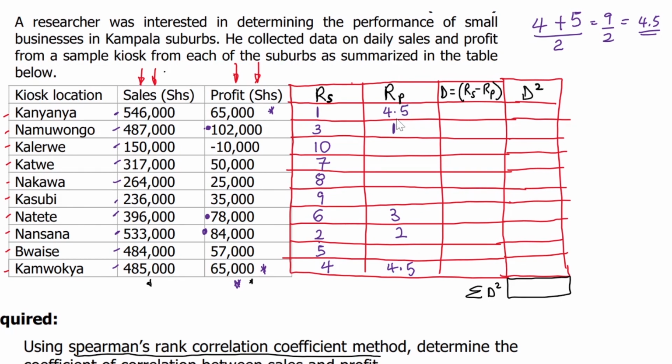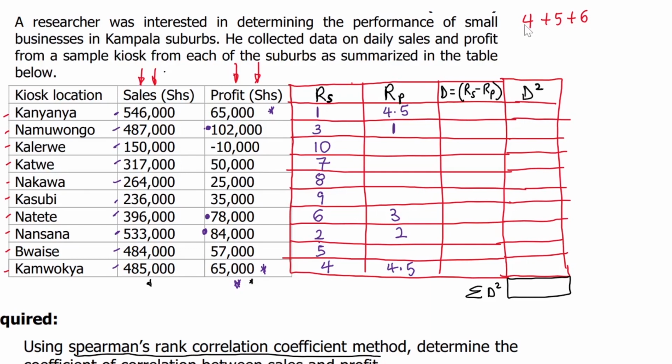Now let me create another scenario. Let us assume that three numbers had the same rank, the fourth, the fifth and the sixth, all having the same number.